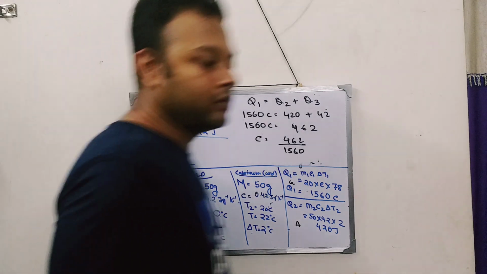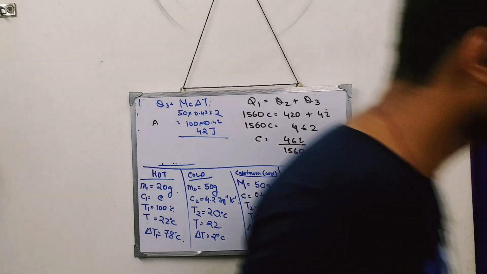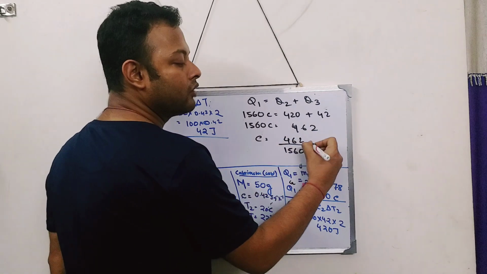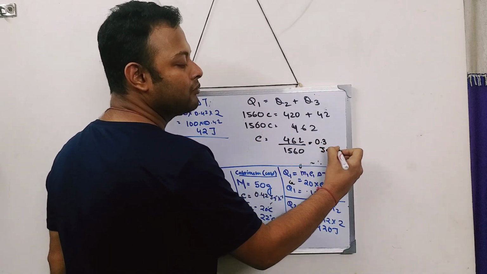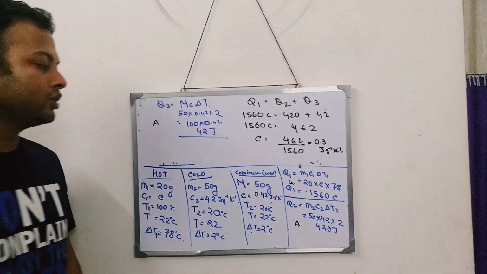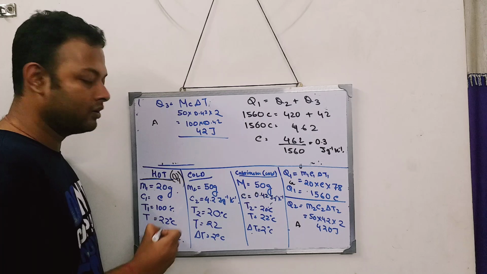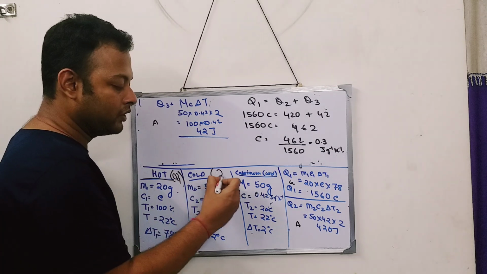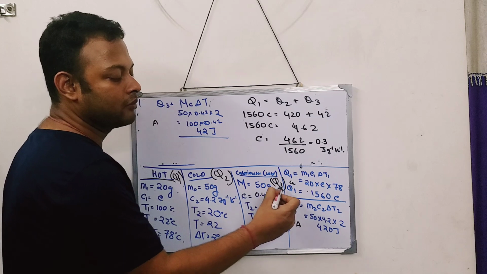When you solve this, your value will come to something like 0.3 joule per gram per Kelvin. So you just have to see that the hot body gives the heat Q1, this cold body will absorb the heat Q2, and this calorimeter will also absorb some heat Q3.